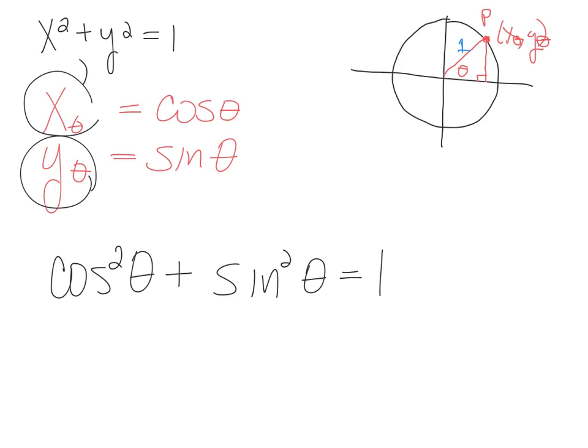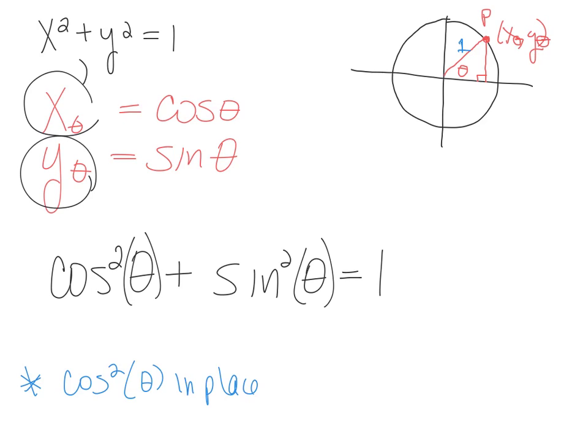Notice, as a little aside, to make sure that we're all clear, that we're using, for instance, cosine squared theta in place of cosine theta, squared.